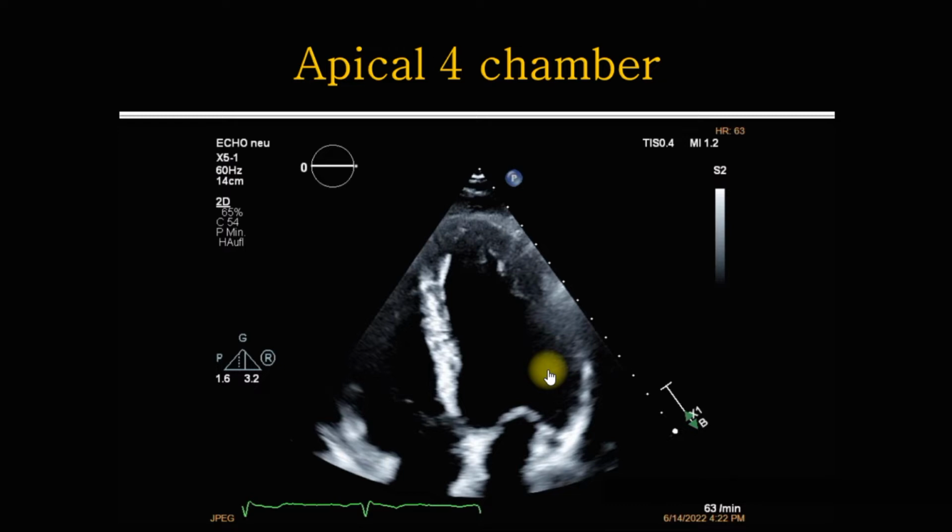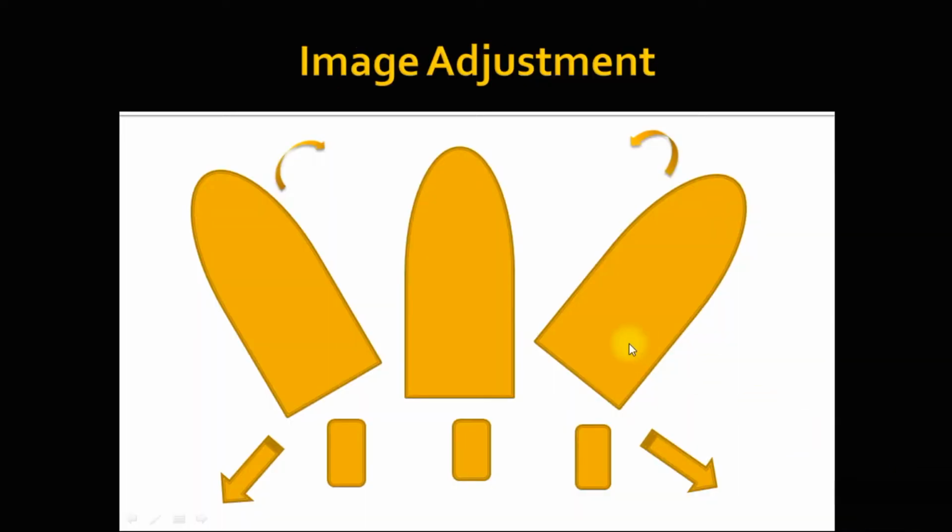We can see either that the ventricle is oblique on the right side or on the left side. Here is what I mean. We should get the ventricle in the middle of the screen. Sometimes the ventricle looks like that or like that. It is oblique.